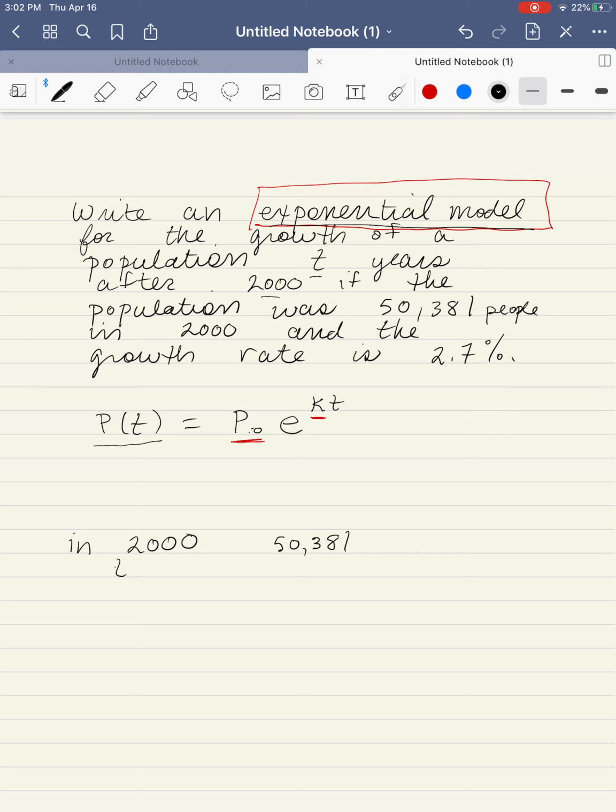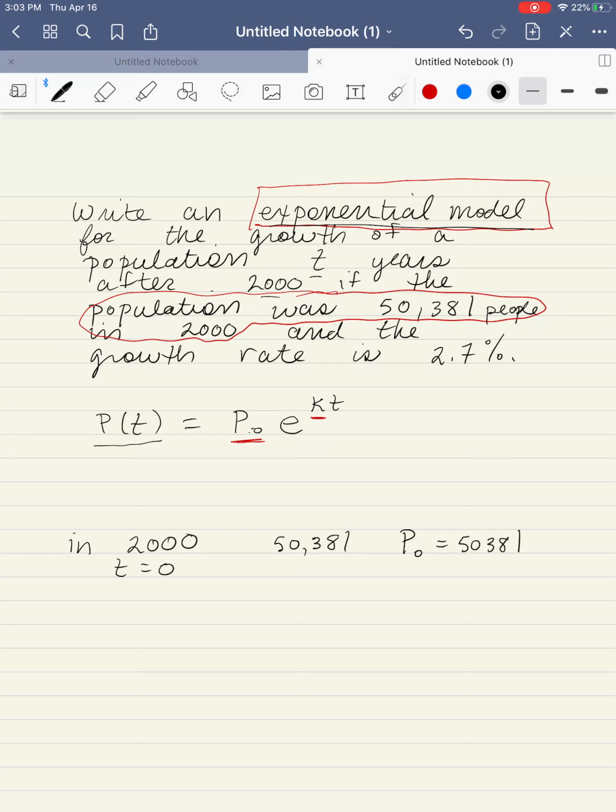And notice that this says the population t years after 2000. So in 2000, we are at t equals 0. So this sentence right here is telling me that the population in the year t equals 0 is 50,381.